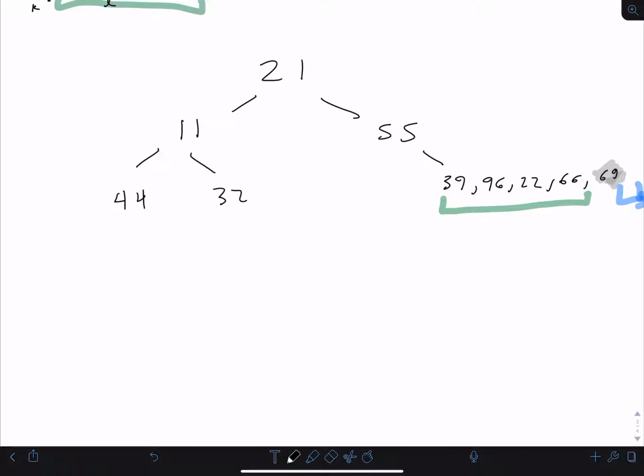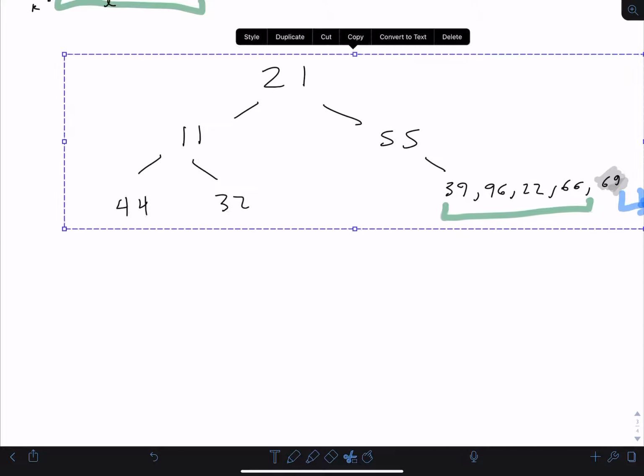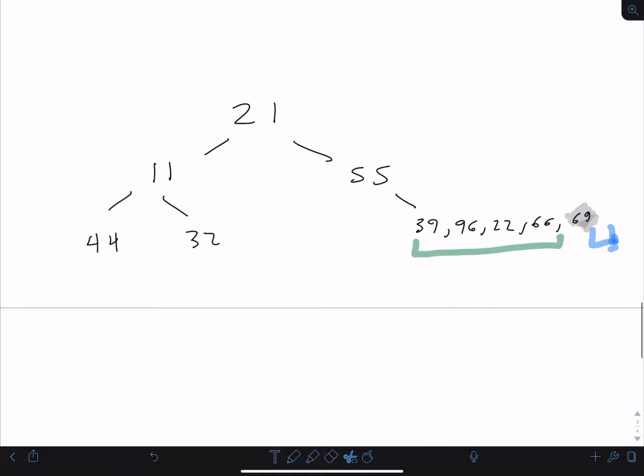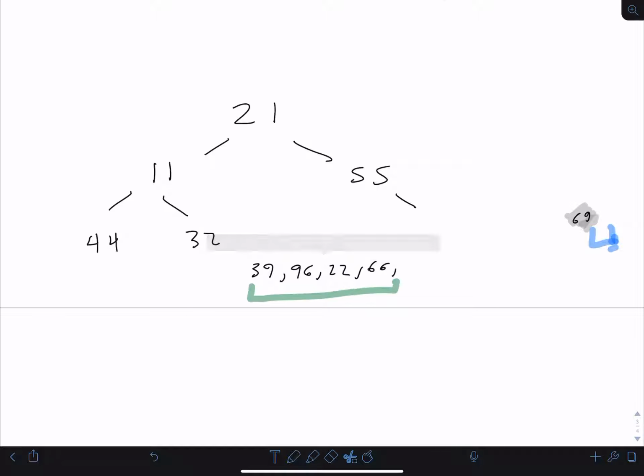So, 69 is there. So therefore, I'll copy paste it. That means that all of these are going to go to the left of that. Okay, that's not what I meant to do.